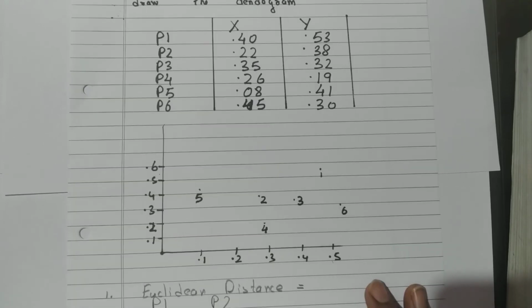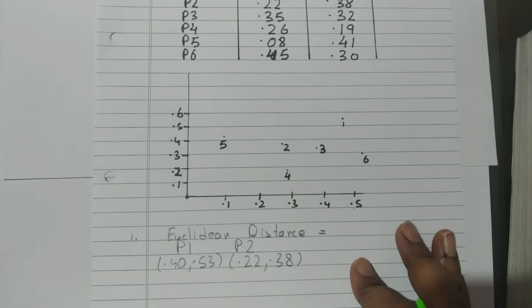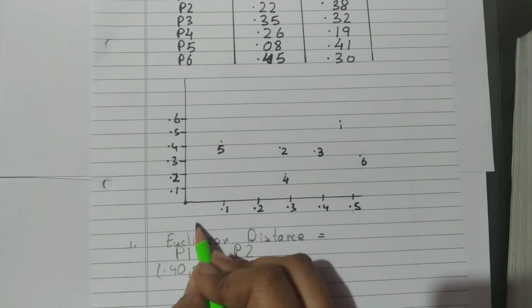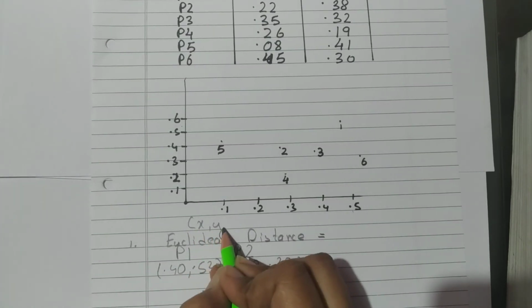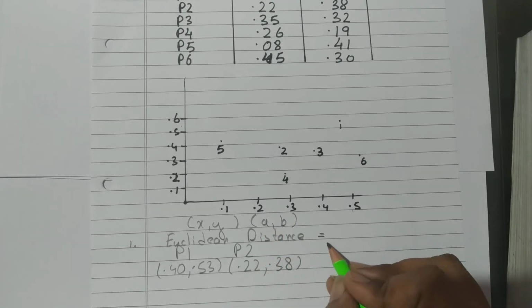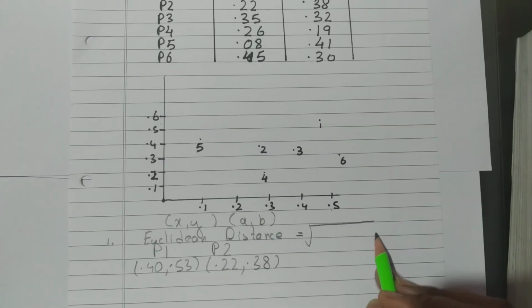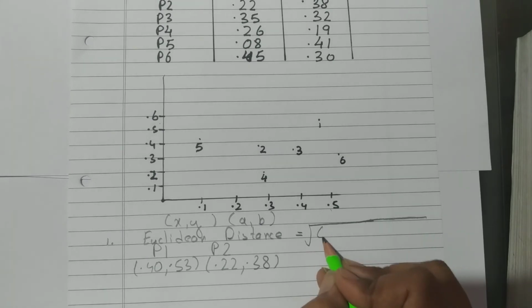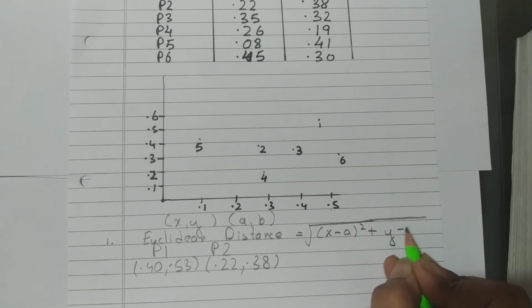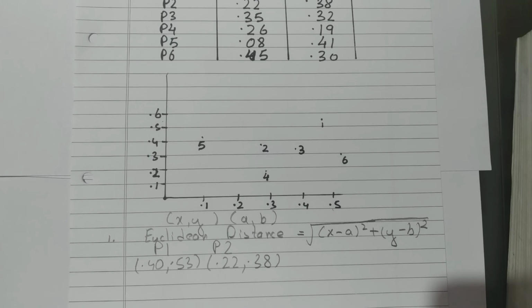The formula for Euclidean distance says, to find the distance between 2 points represented by (x, y) and (a, b), the formula is square root of (x minus a) whole squared plus (y minus b) whole squared. So using this formula, we will find the distance between points P1 and P2.